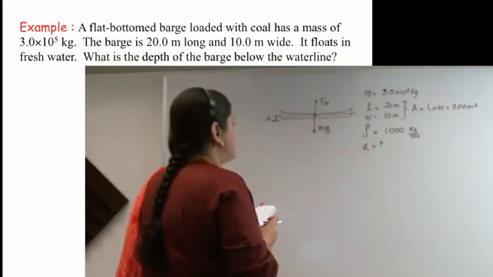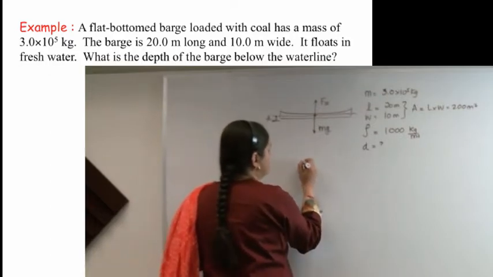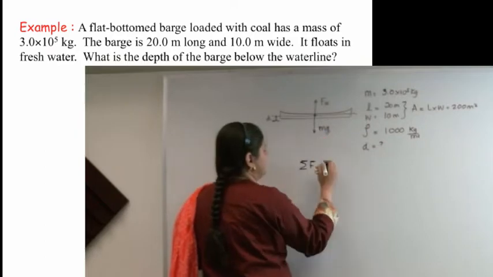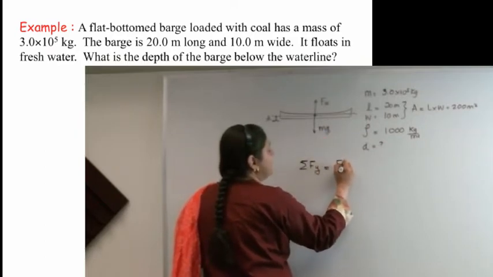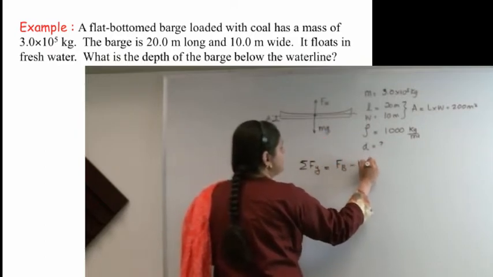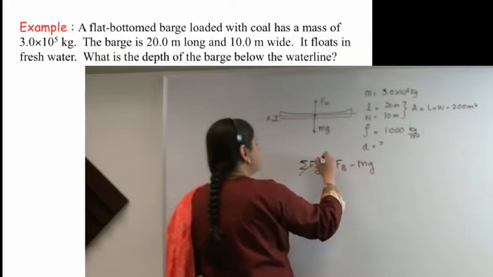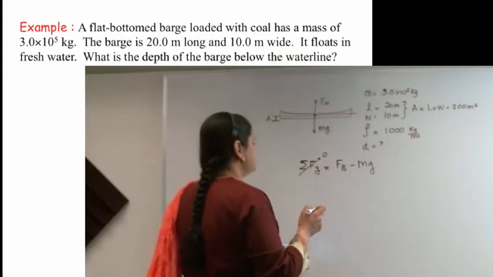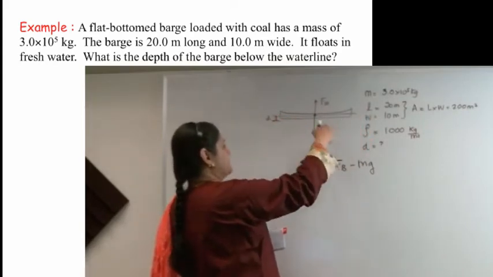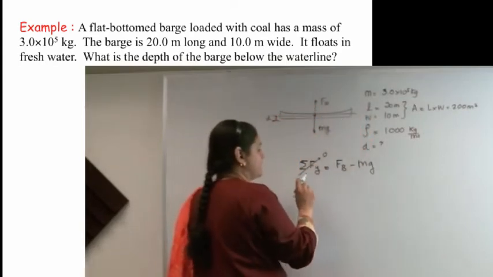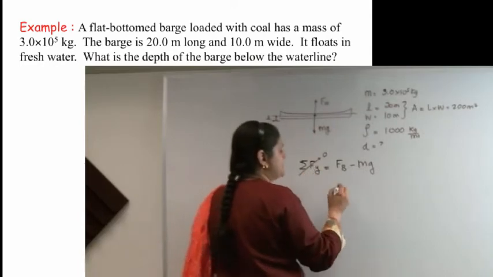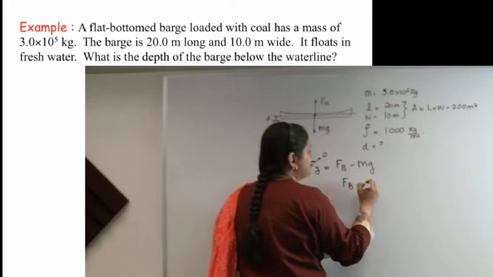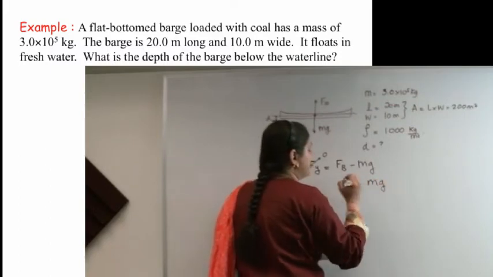So if I was to write my force equations, sigma Fy in this case will be F buoyant minus mg. Since this barge is not accelerating in the y direction, even if it is accelerating in the x direction, sigma Fy will always be equal to 0. So this implies F buoyant is going to be equal to mg.